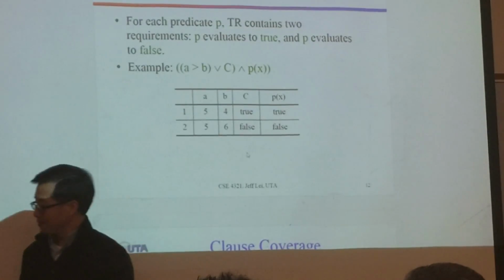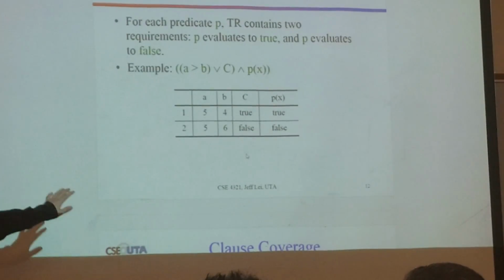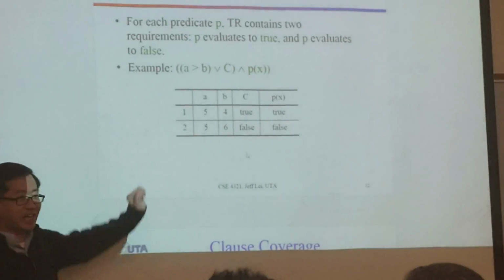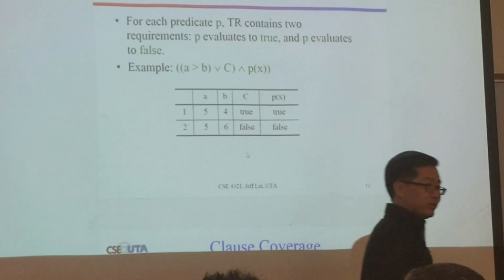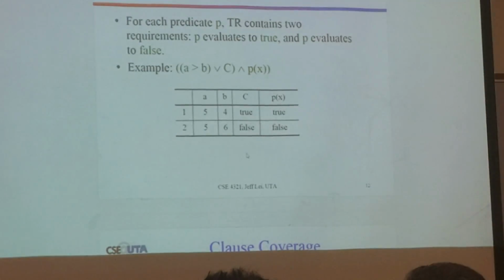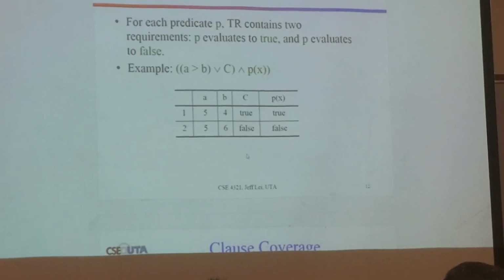So how do you feel? Would these two test cases be adequate to ensure the correctness of this conditional expression? You feel comfortable that after I execute these two test cases, I feel confident this conditional expression is written correctly.